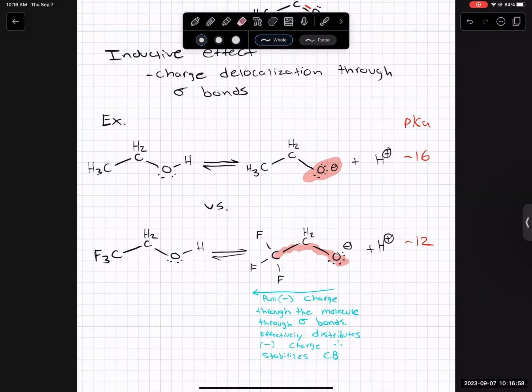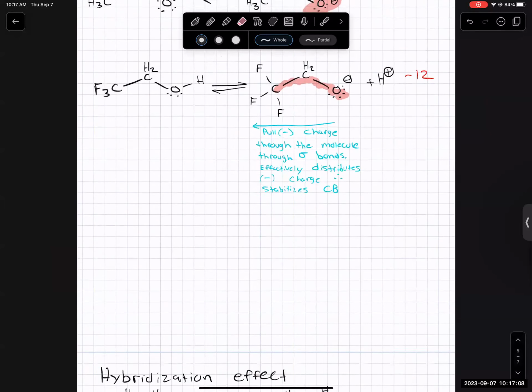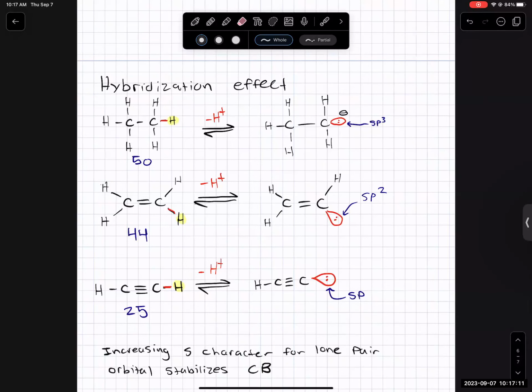That's a very important thing, especially for this chapter 2. Everything builds off of the previous chapter. So in chapter 1, we talked about resonance. Now we're talking about how resonance stabilizes conjugate bases. And the last one is the hybridization effect, which basically says that increasing s character for a lone pair, for that negative charge, will stabilize the conjugate base, because s orbitals are smaller orbitals.